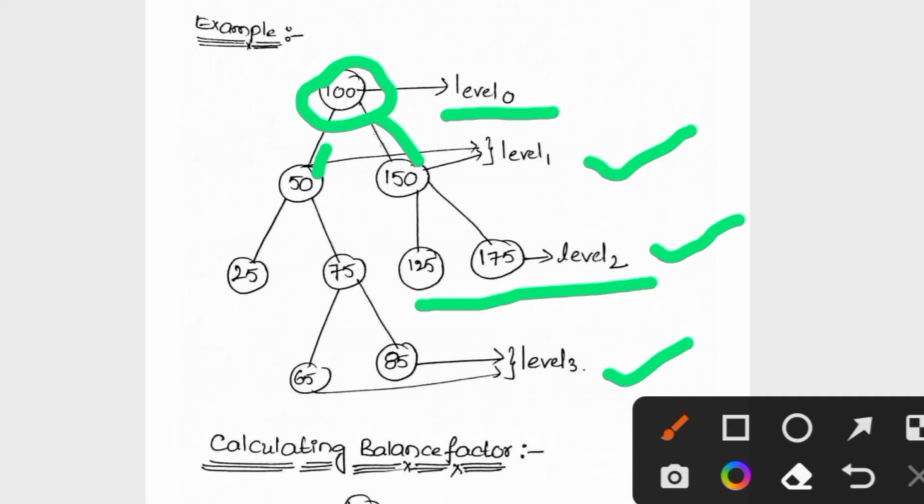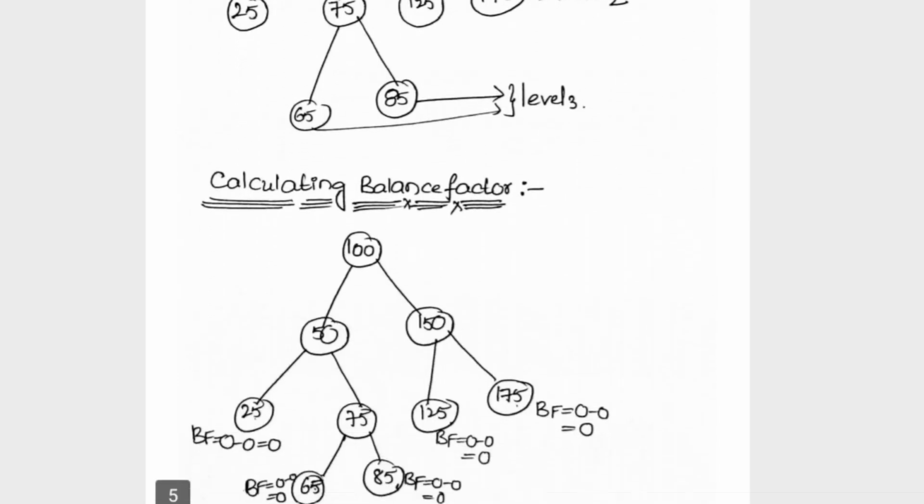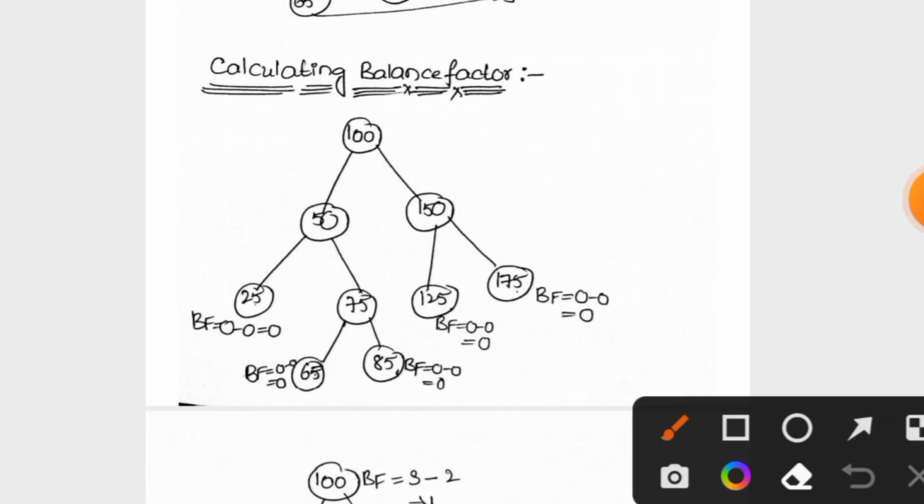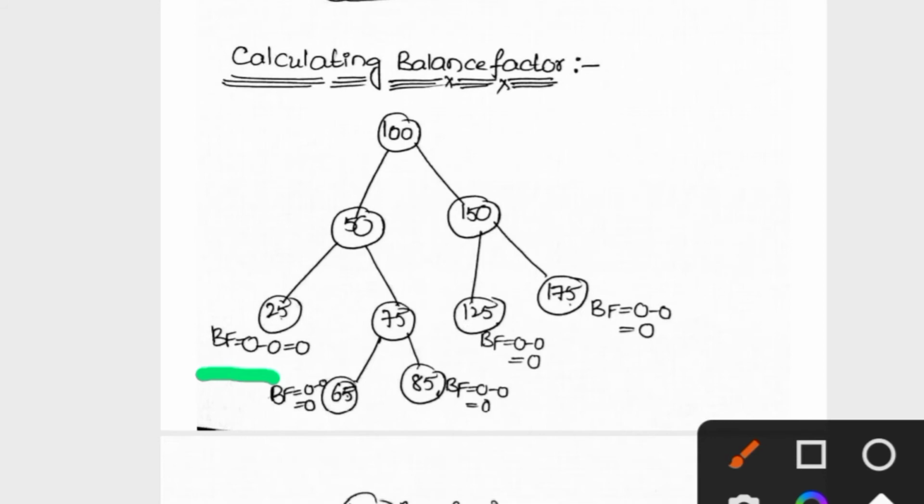Now we can see how to calculate the balance factor for the nodes. In this tree, the nodes at the lowest level are called external nodes, or terminal nodes, or leaf nodes. Here I am calculating the balance factor for the 25 node. 25 has no children, meaning the left child is not there and the right child is also not there.